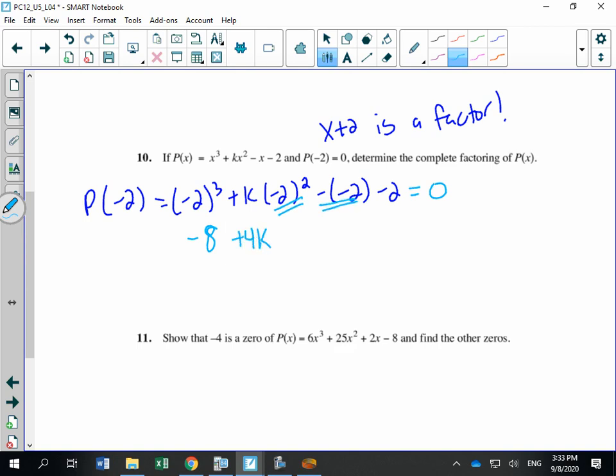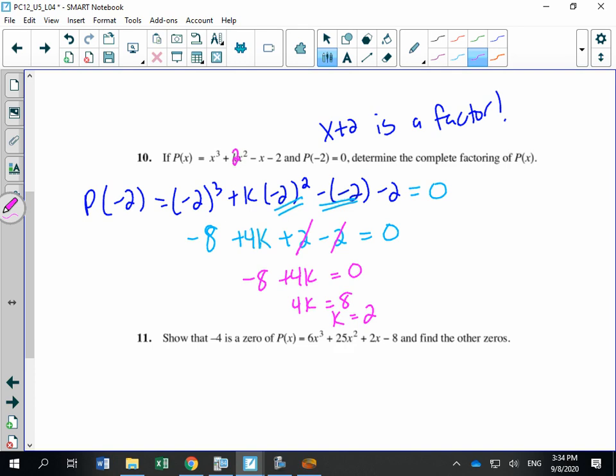Negative 2 times negative 2 is plus 2, minus 2 is equal to 0. Okay, 2 minus 2 is just going to cancel. And then I'm going to have negative 8 plus 4k is equal to 0. 4k is equal to 8. k is equal to 2. Okay, so k is equal to 2. So this is a 2 up here.